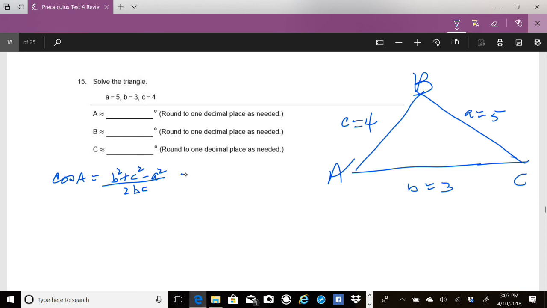It equals (3 squared plus 4 squared minus 5 squared) divided by 2 times 3 times 4.